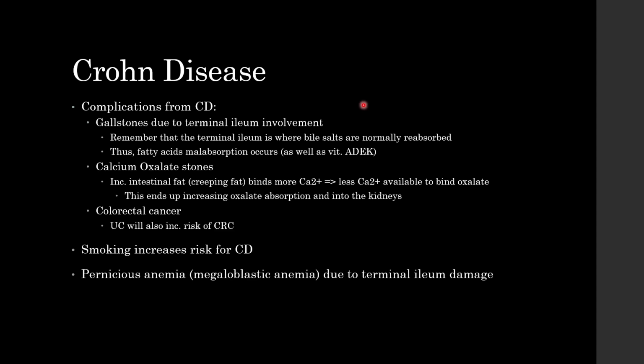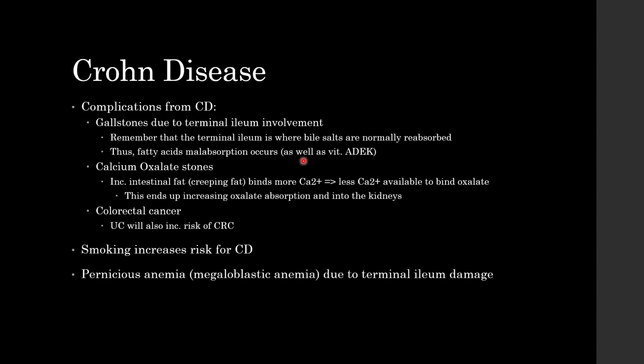Complications from Crohn's disease, you'll get gallstones that are due to the terminal ileum involvement. And remember that the terminal ileum is really important for a lot of things, namely, the reason why it's causing gallstones here is that the terminal ileum is where the bile salts are normally reabsorbed. So those bile salts are taken into the lumen, and we're going to absorb our fat and our vitamins A, D, E, and K, those fat soluble vitamins.